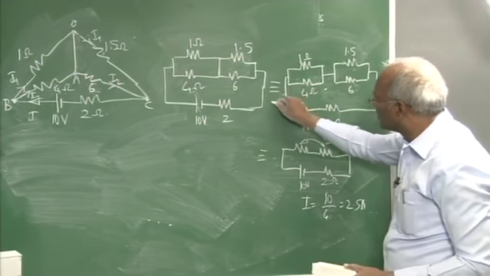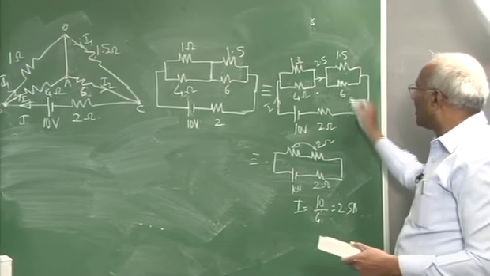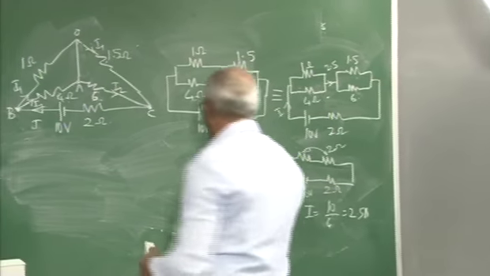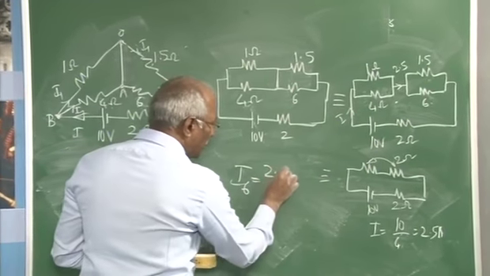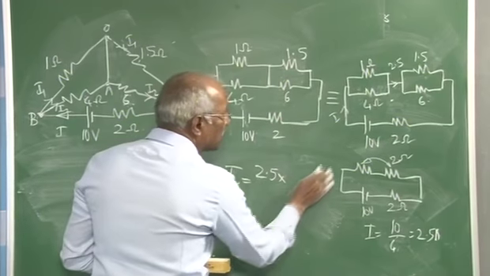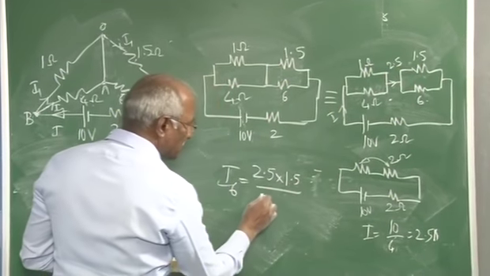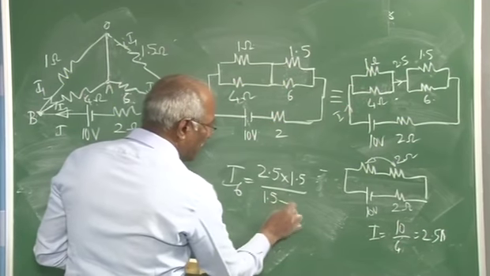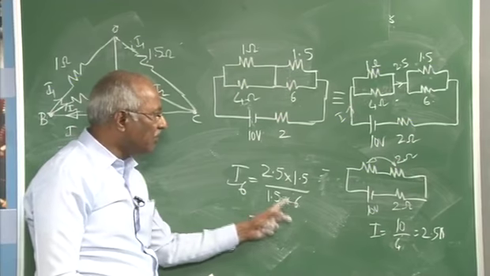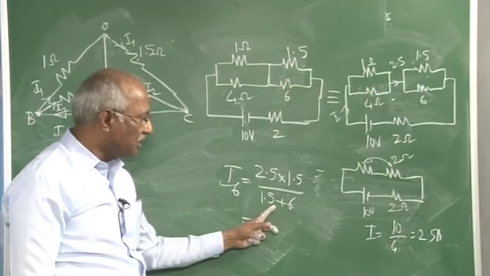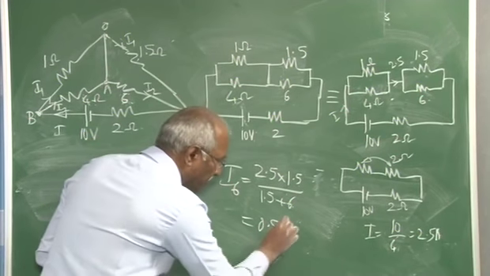When this current is 2.5, this current is also 2.5, and therefore, the current flowing through this 6 ohm, if I write it as I6, will be equal to the total current, that is 2.5, times the resistance of the opposite branch, that is 1.5, divided by the total resistance, that is 1.5 plus 6. Again you will observe this being 7.5, 2.5 by 7.5 comes to 3, 1.5 by 3 comes to 0.5 amperes.